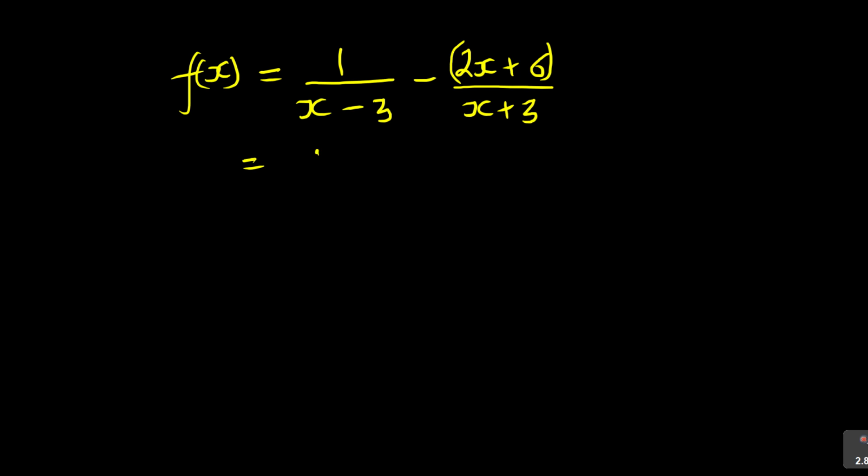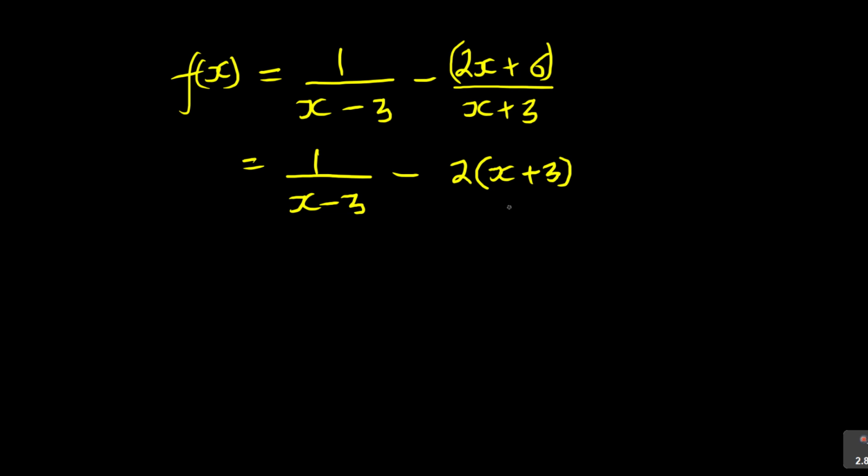So this can be 1 over x minus 3 minus, so you can take out 2 on top. Now 2 into x, 2x, it's x. 2 into 6 is 3. So I factorize that, because if I multiply 2 times x, I get 2x. If I multiply 2 times 3, I get 6. You're getting that?